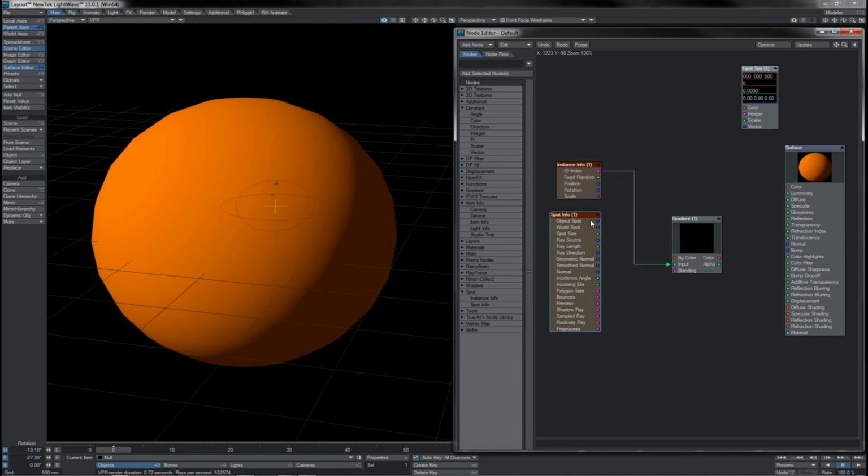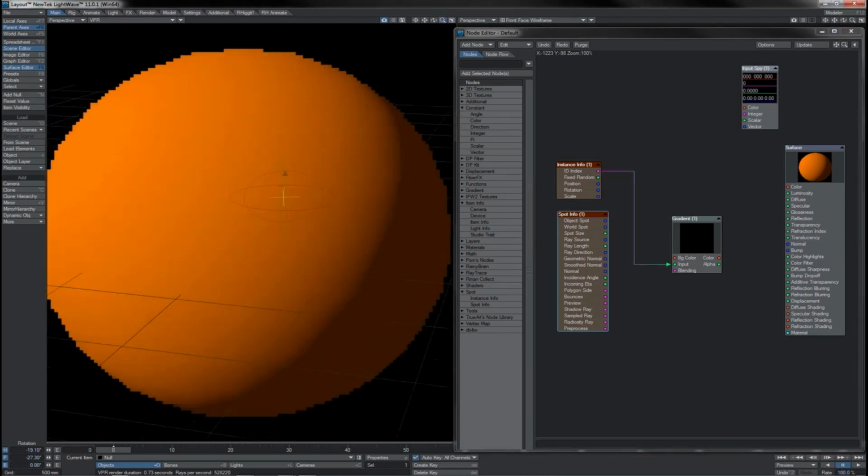So object spot, world spot, normal. These are sets that are equivalent to the entire set of vertices. When we're doing surfacing, then it's spots all over each and every polygon. Each polygon is covered with spots, generally the size of 1 pixel in our final render, or whatever render view we happen to be looking in.